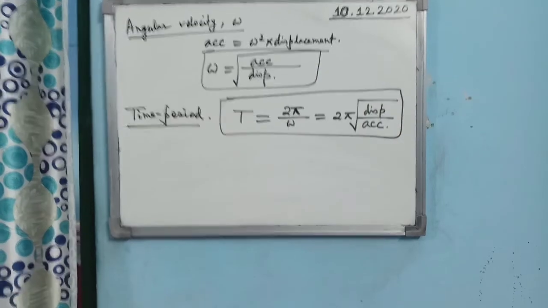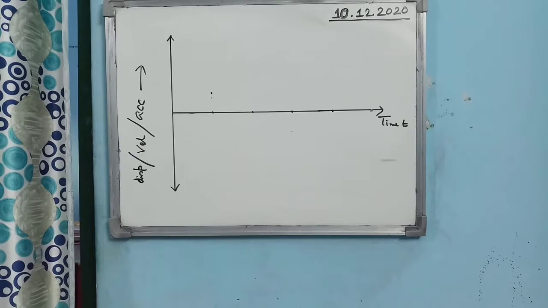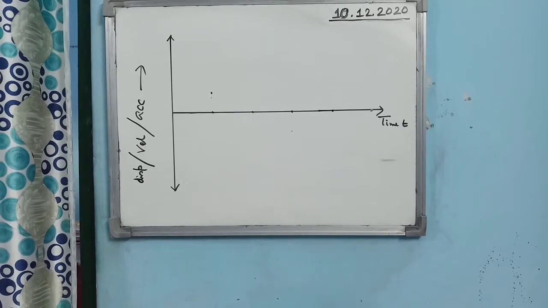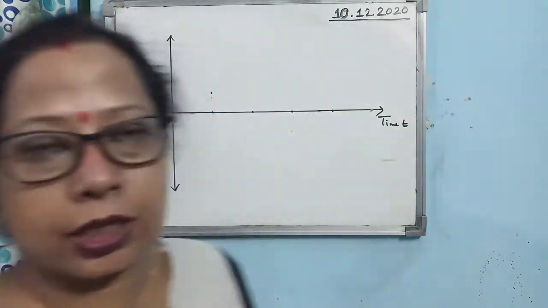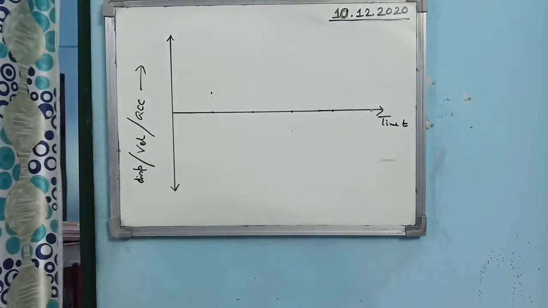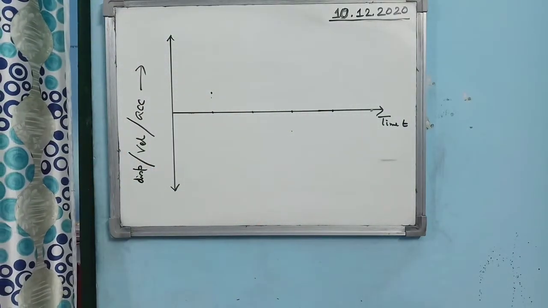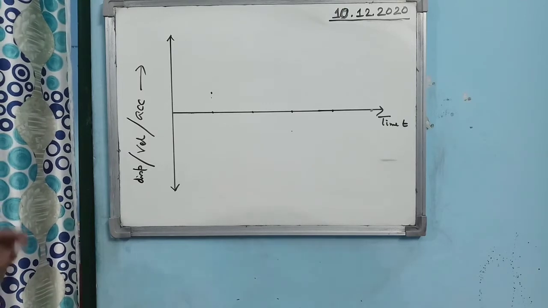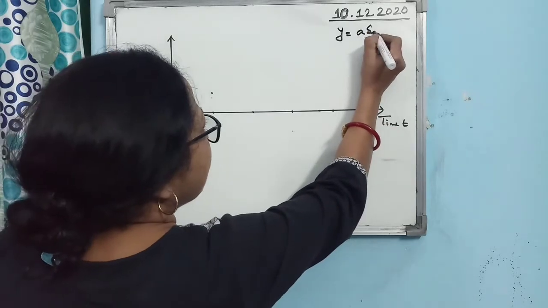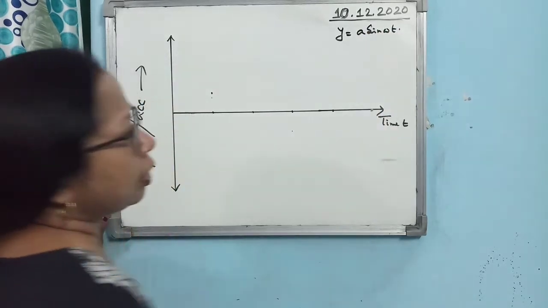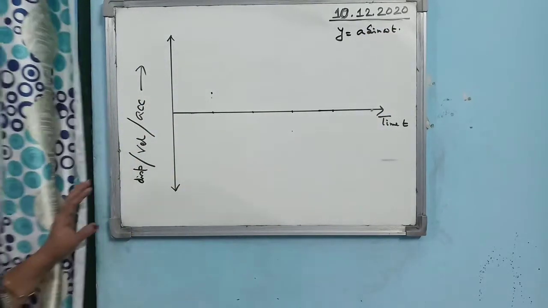Then next, let us find out what will be the nature of the graph for displacement, velocity and acceleration. All we will draw on the same graph. If you consider displacement is given by y is equal to a sin omega t, it will vary just like a sine function.